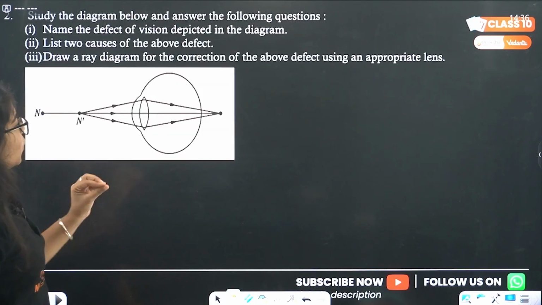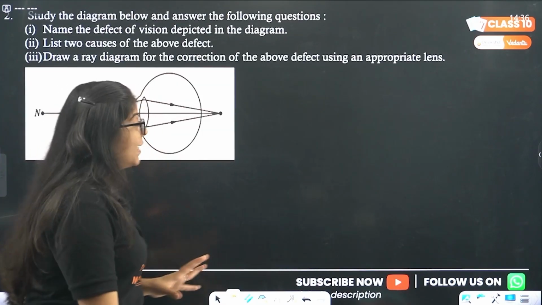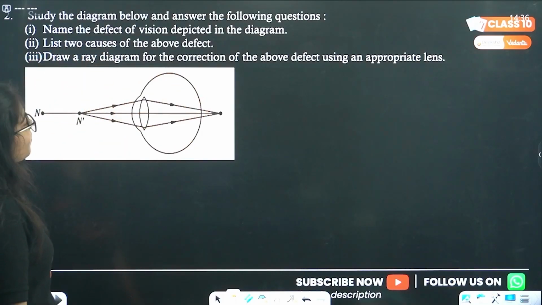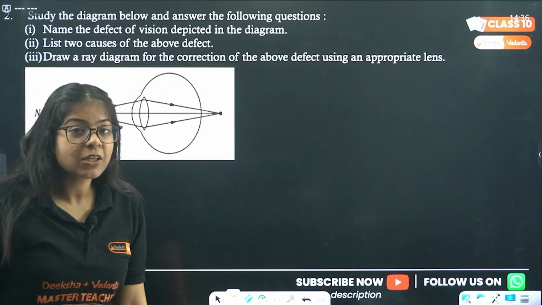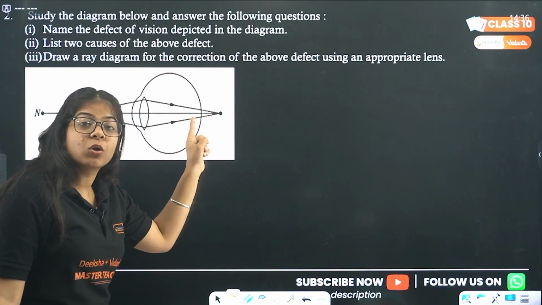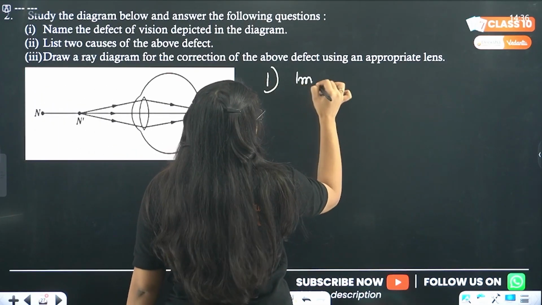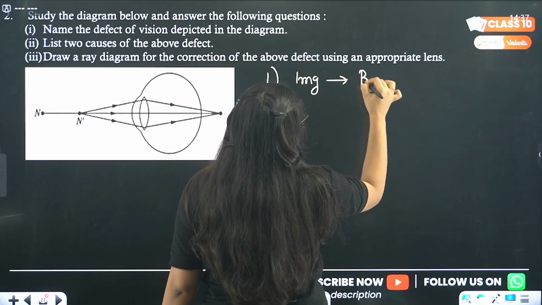Next. Oh, this is a good one. Study the diagram below and answer the following. Name the defect of vision depicted in the diagram. What is the first thing you see? Ma'am, the image is not formed on the retina, it is formed behind the retina.